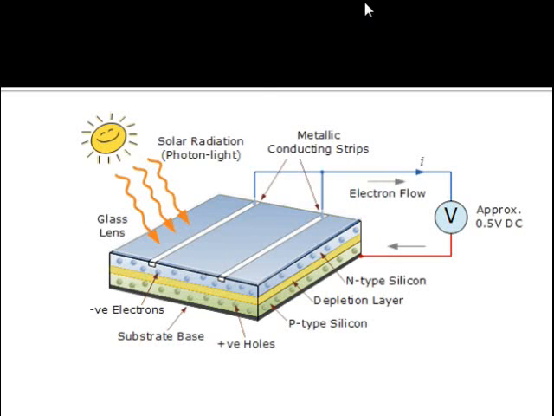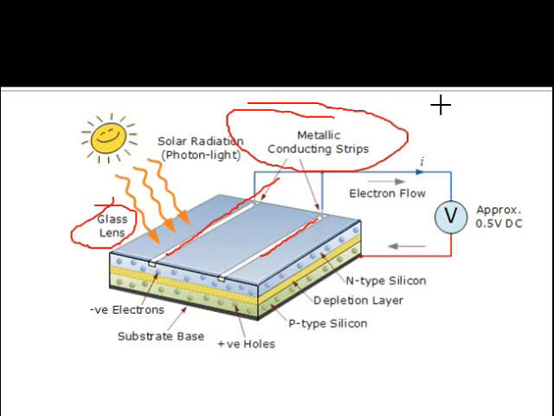There will be a glass cover. Here this is a glass cover. Then there will be many actually, but this is on the one surface. On the top surface there will be conducting electrodes. These are conducting metallic electrodes or strips.